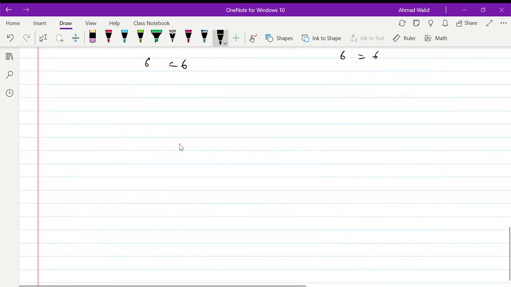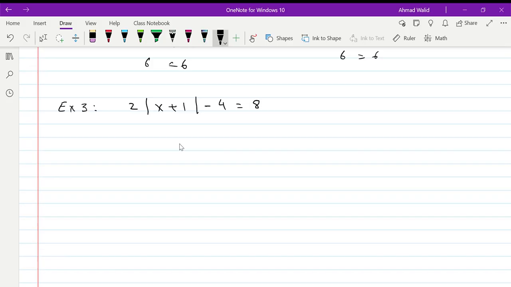Example number 3. 2 absolute value of x plus 1, minus 4 equals 8. What to do in this equation?